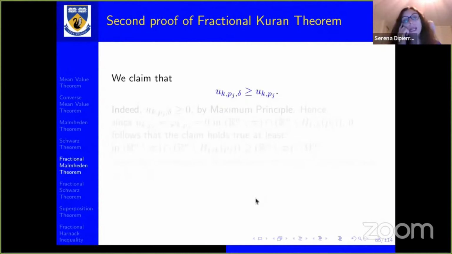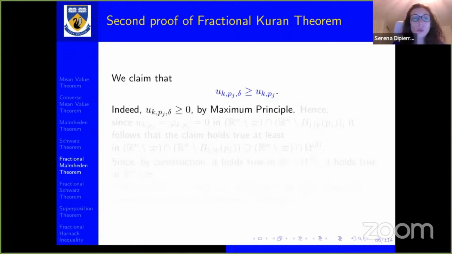And we claim that, in this construction, what I'm doing is enlarging a bit omega delta. So essentially by maximum principle, we will see that this UKPJ delta is above the UKPJ, the function that is harmonic in var p coinciding outside to the function phi.